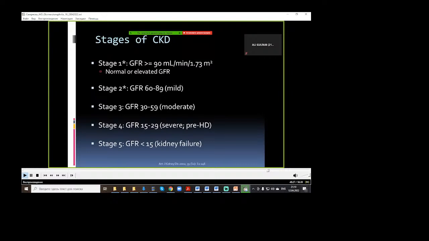Stage 2, between 60 and 89. Stage 3, between 30 and 59. Stage 4, between 15 and 29. And the 5th stage, when glomerular filtration rate is less than 15, this is renal failure.